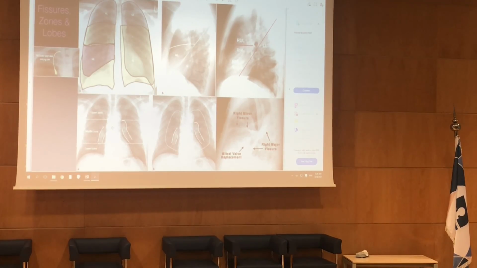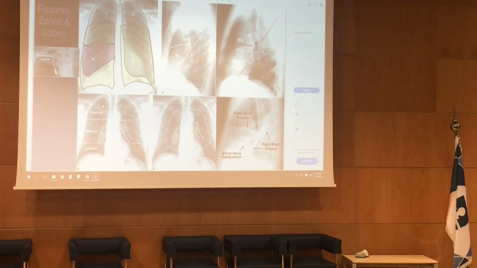Another way of communicating the findings on X-ray is to use zones. The hilum allows us to call the lung central lung and peripheral lung. The central lung is surrounding the hilum, so you'd say perihilar or central.